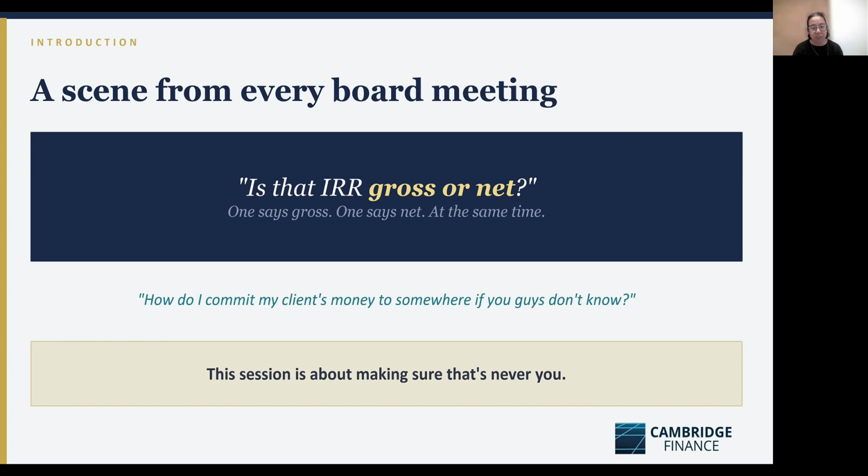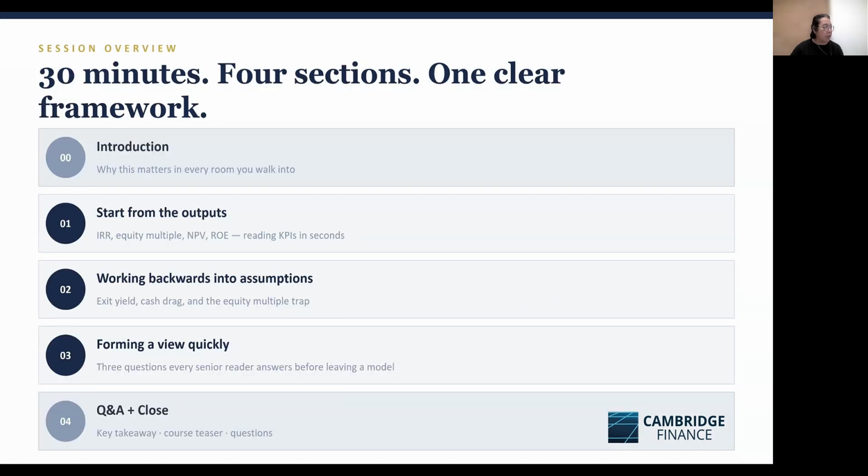So reading it and making sure that you can spot the mistakes and the investment flaws is very important, especially now when people are moving from doing it to thinking about it, which is a great thing about AI: how you think about the investment analysis with the feel of a financial model.